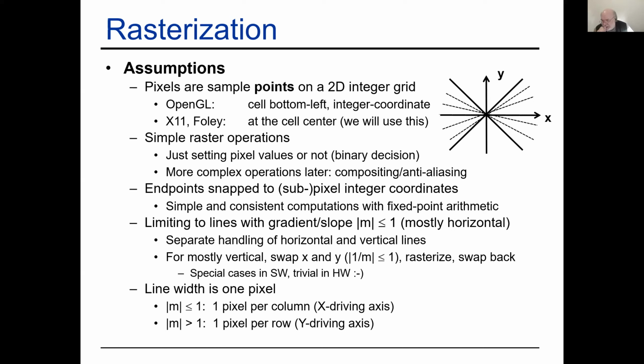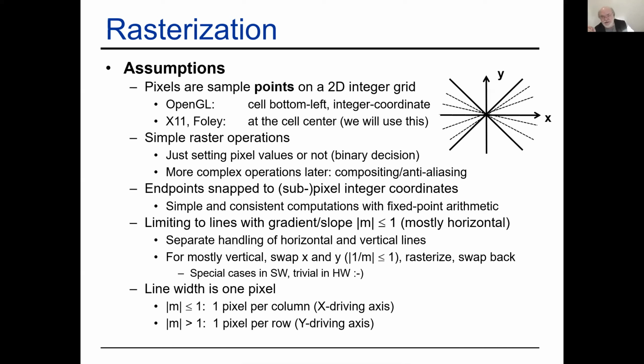In OpenGL, the sample is at the lower left-hand corner of the pixel, that's where the integer coordinate is. In X11 and the book by Foley and van Dam, they consider the integer coordinates to be in the center of the pixels. So you need to be a little bit careful there.